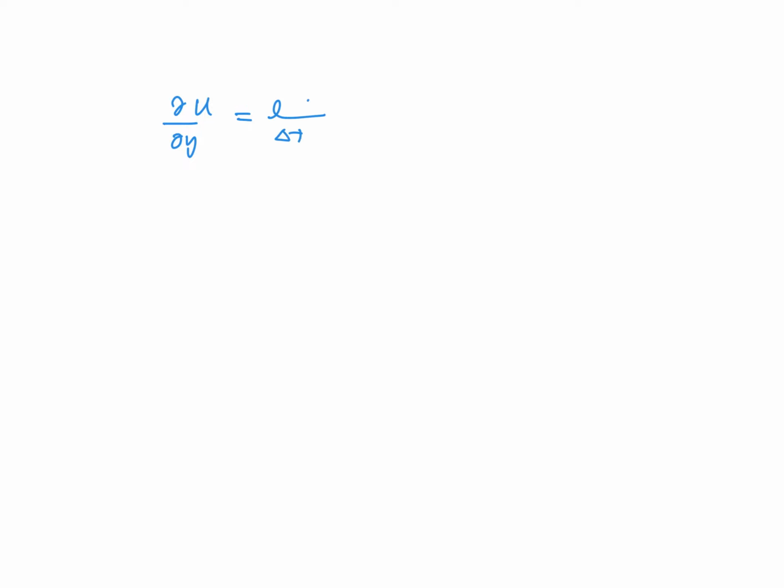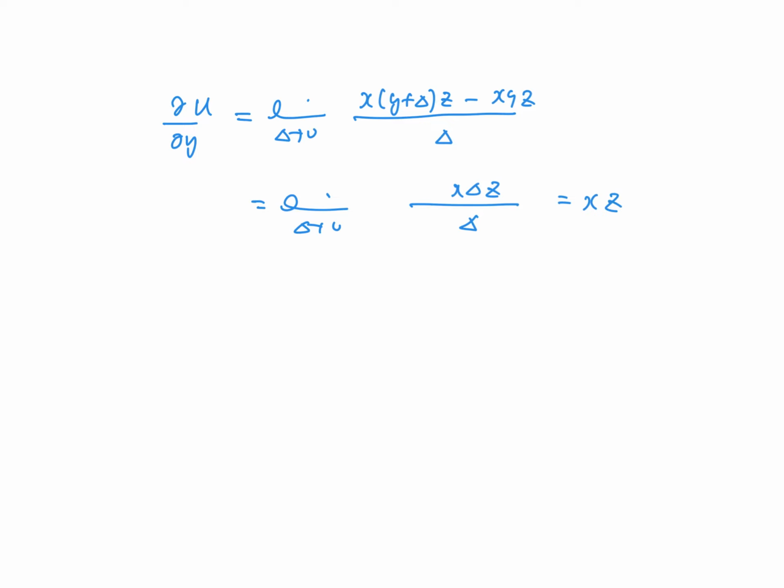The limit as delta goes to 0 of x(y plus delta)z minus xyz, over delta, which is xz.